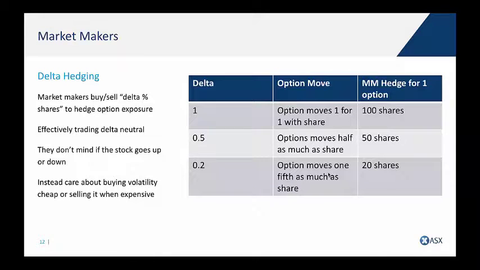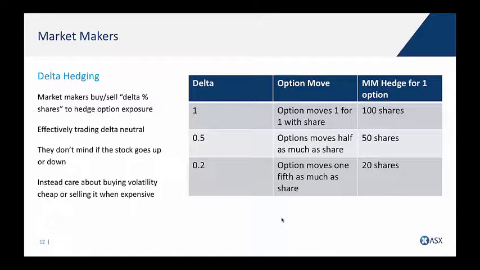So the delta of an option is really telling us how much that option will move for an equivalent movement in the underlying share. An option with a delta of 1 moves 1 for 1 with the underlying share price. A delta of 0.5 moves half as much as the share price itself, whereas a low delta option of say 0.2 will only move 1/5 as much as the share price.